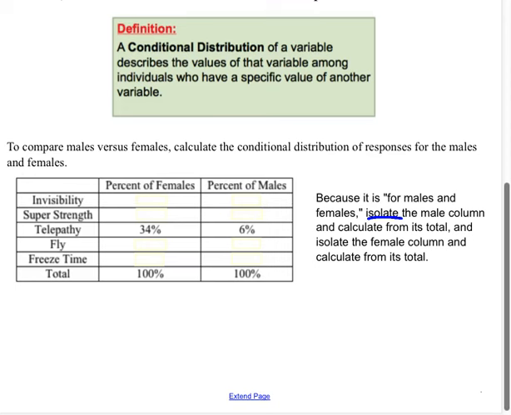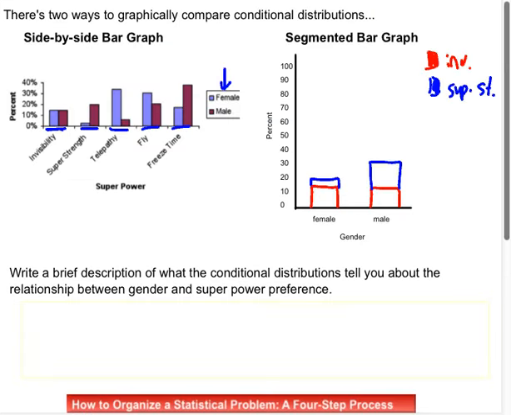Right now I'm up to 18%, so I need to add 34%. So now for telepathy, that's going to take me up to just over 50. Males only had 6%. So that's only going to bring me up to the 41 mark.